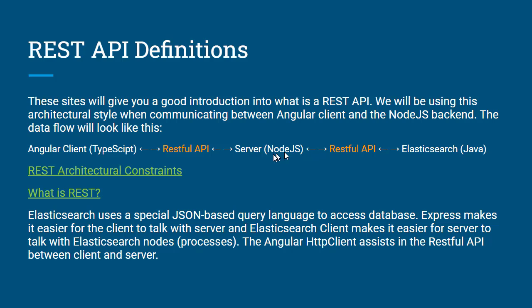This server has a router of its own, and whatever is not recognized by the Angular client will be recognized by Node.js in the server, and it will process those. Typically, it'll be calls to the database to get recipe information out.